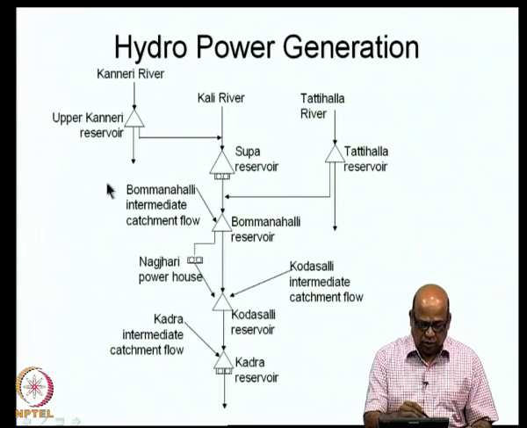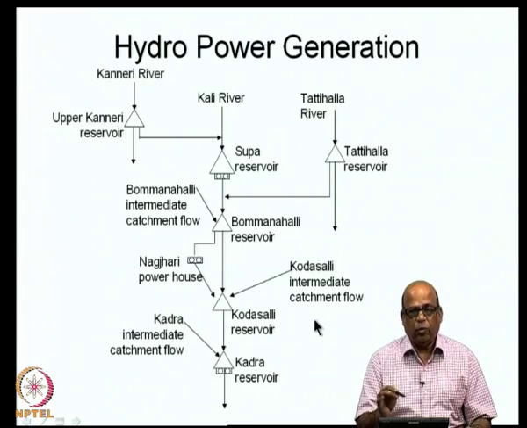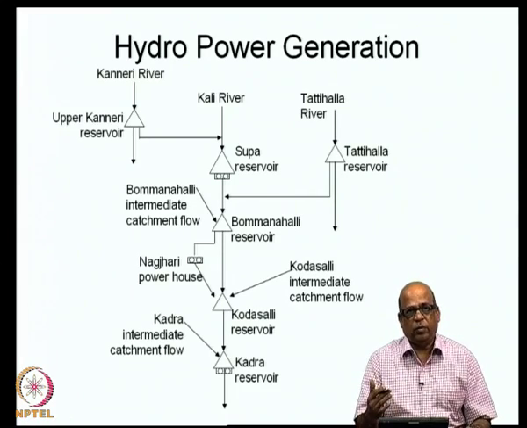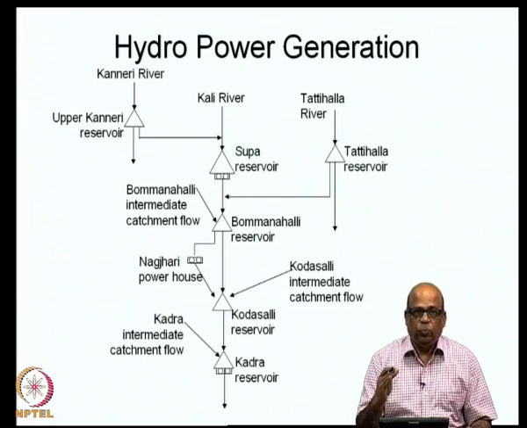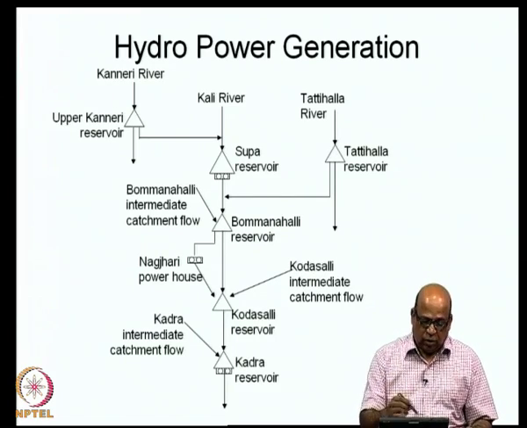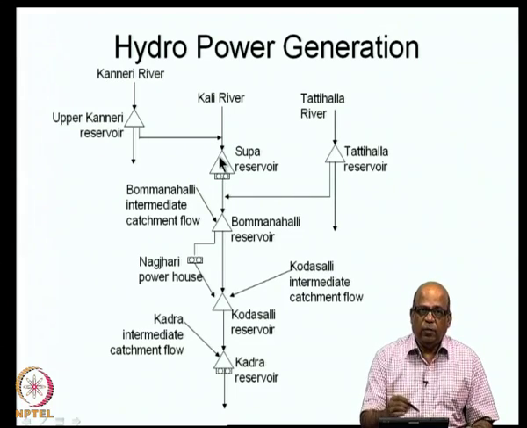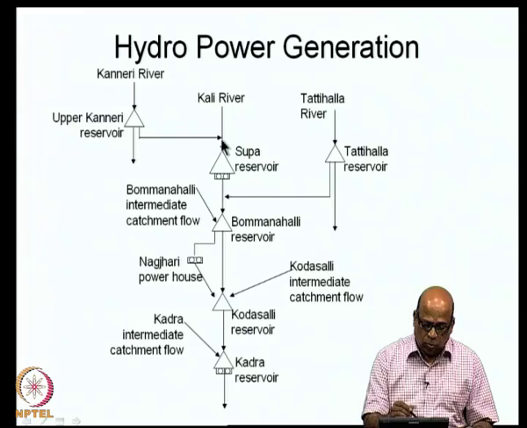Now, this is a multi-reservoir system operated only for power generation. I have discussed in the earlier lecture when I discussed hydropower how to simulate for a single reservoir. Use the same procedure for multiple reservoirs, except that at every reservoir you look at the total contribution coming from upstream reservoirs.